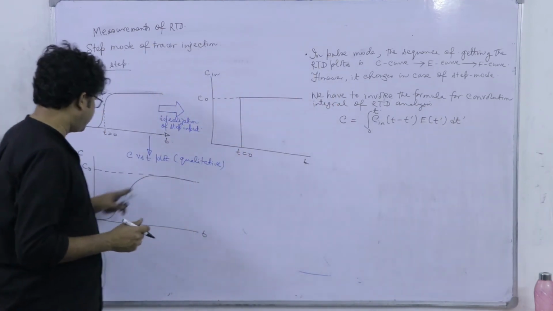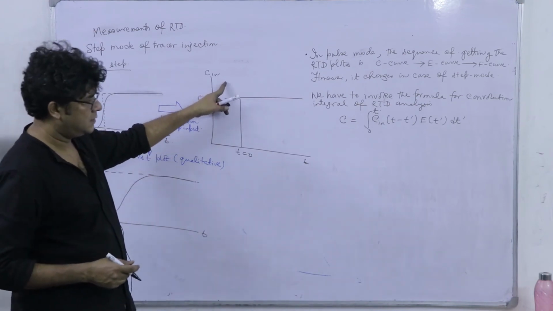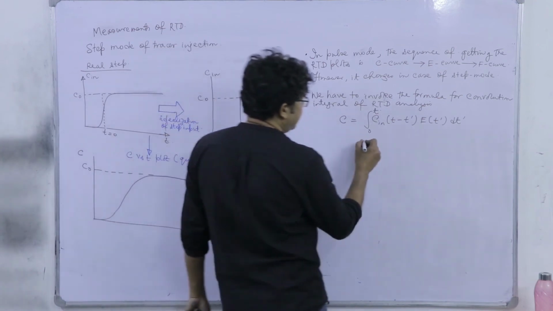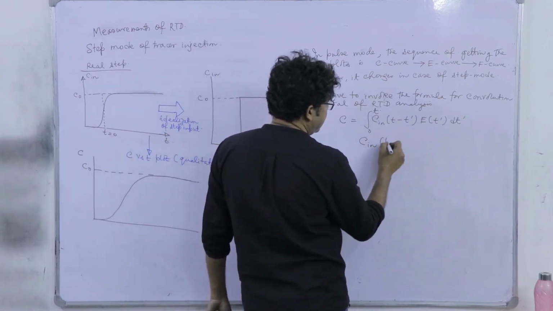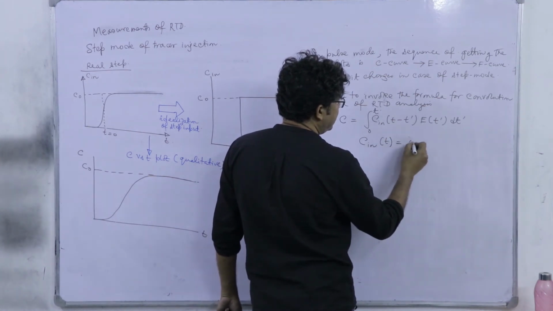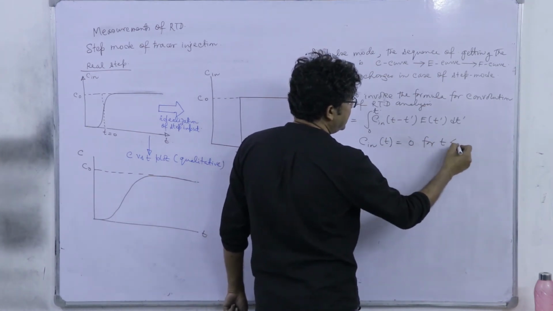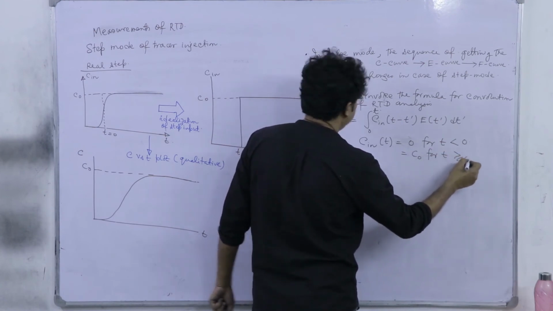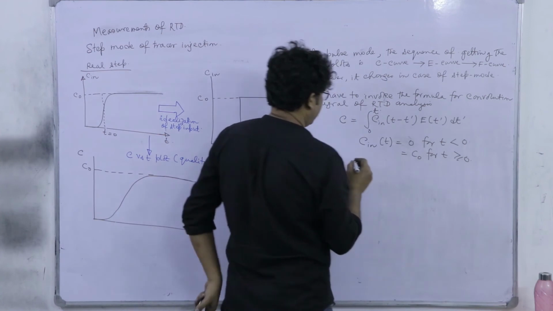So, here we have obtained this from C in. C in(t) is equal to 0 for t less than 0 and is equal to C naught for t greater than or equal to 0, whatever we have idealized.